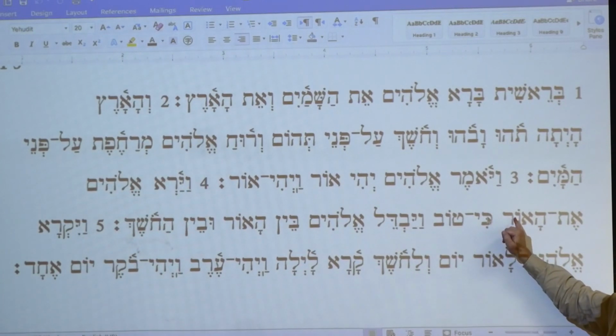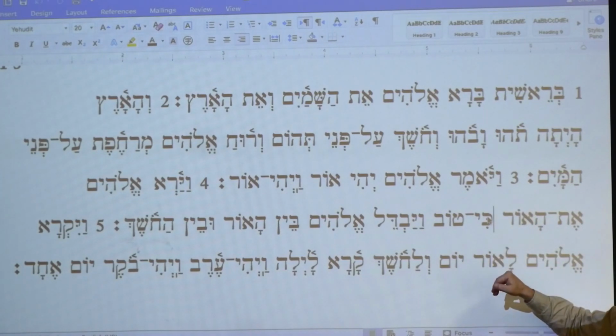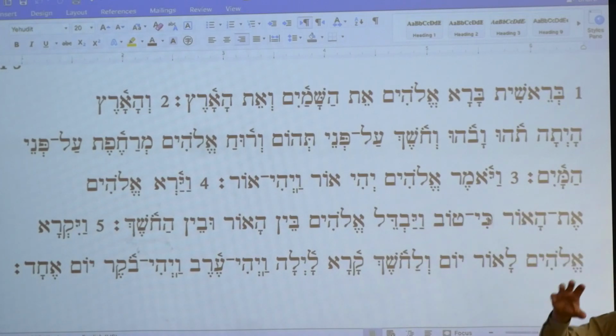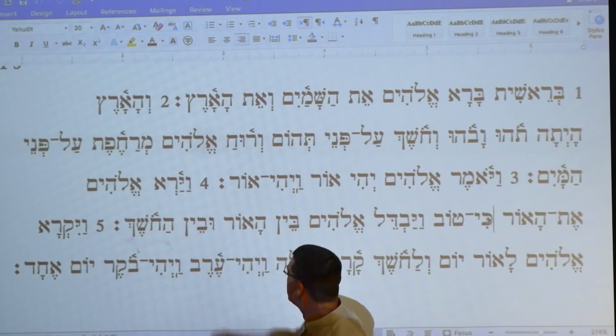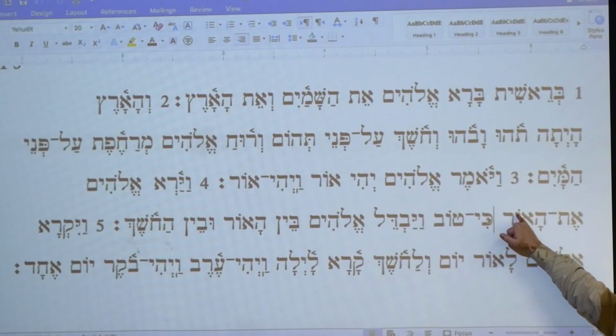Is it like indicating where you put the accent, kind of? No, it's just that the accent always happens to be at the end of the word. But it is holding the vowel. Apart from the oo at the beginning of a word, every vowel has to be carried by a consonant. So the aleph is carrying the vowel.